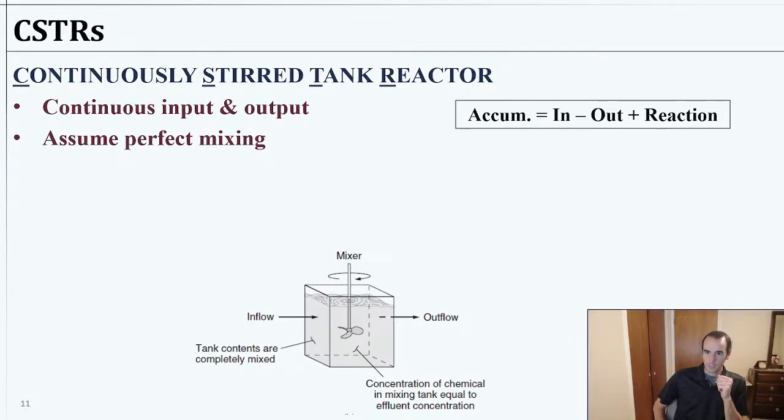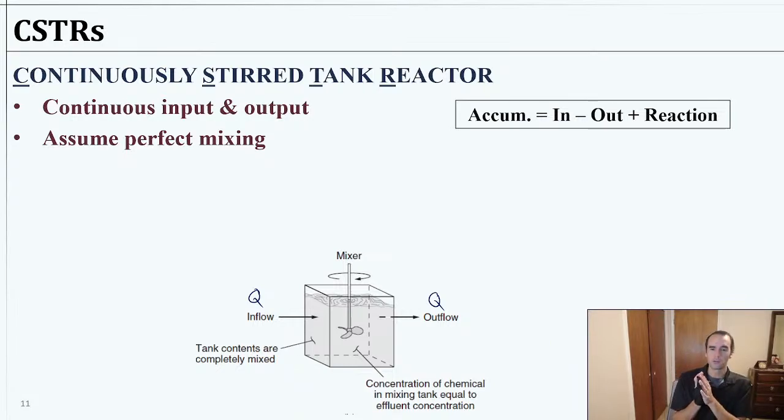All right, for a continuously stirred tank reactor, a CSTR, we're again going to assume perfect mixing. We're also going to assume a continuous flow in and a continuous flow out. Now, I mentioned earlier that we could have two different flows coming in or multiple flows going out. It's not necessary.